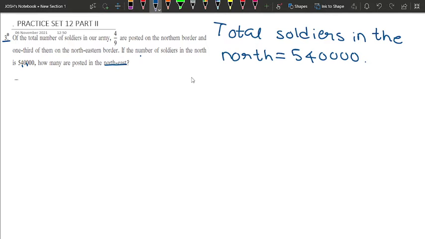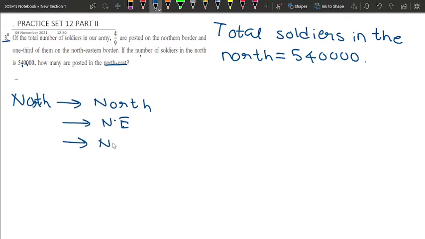And north means an important thing here. North means north side, northeast, and northwest. All the three, right? So this is important. North covers north, northeast, and northwest. You have to note that thing.